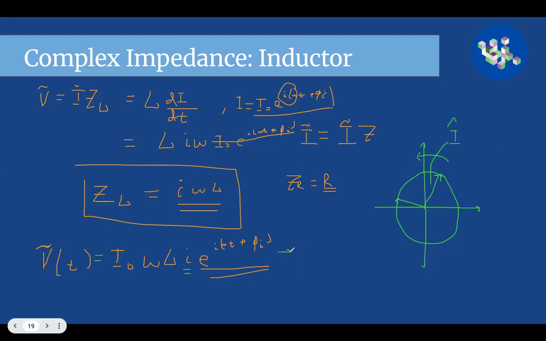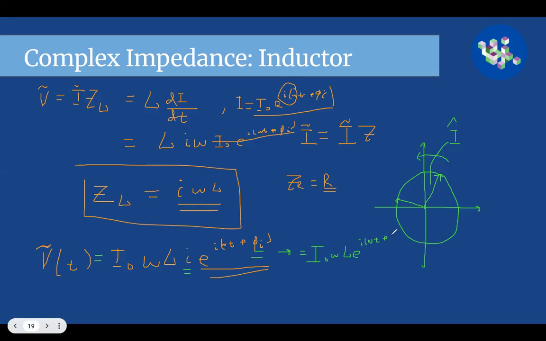I can also write this as equal to I0 omega L, and my complex exponential is still e to the I omega t, but now my phi I has changed. It's moved by 90 degrees, also pi over 2.